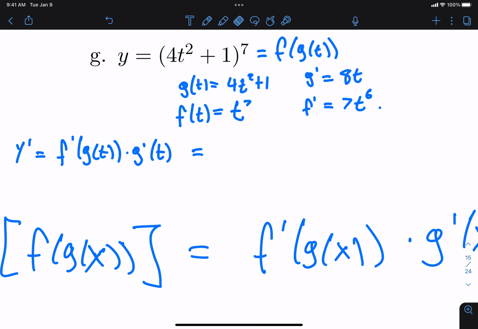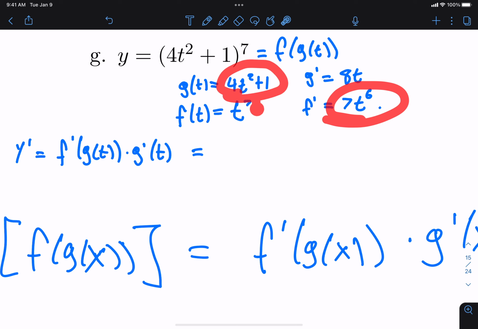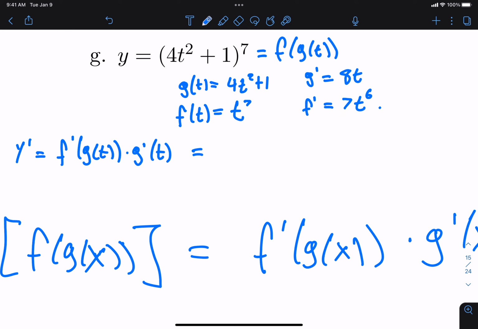So f prime is 7t to the 6, and I'm supposed to put 4t squared plus 1 in as the input in this function. That would just look like replacing t by the function 4t squared plus 1, which would be 7 times 4t squared plus 1, all raised to the 6th power. And now I still have to do this last part, which is multiply times g prime, which is 8t. So I multiply by 8t.